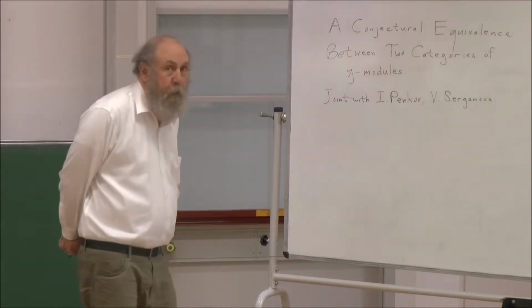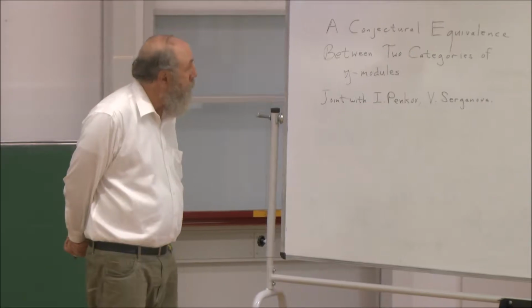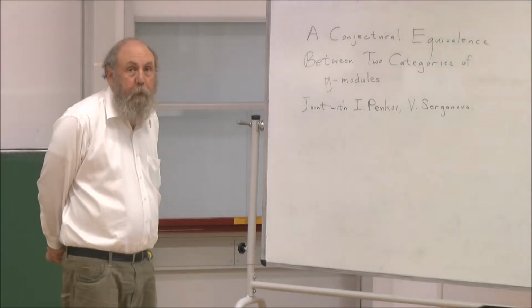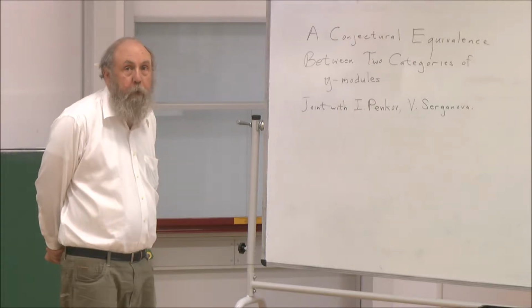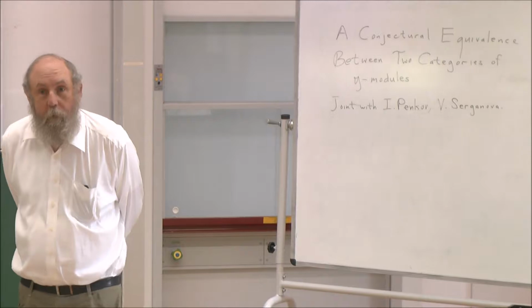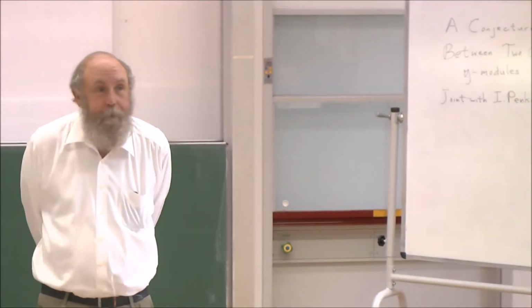Pretty vague title. It's partly a send-up of an old paper by Bernstein, Gelfand, and Gelfand called On a Category of G Modules. I think it's one of the great titles in representation theory.